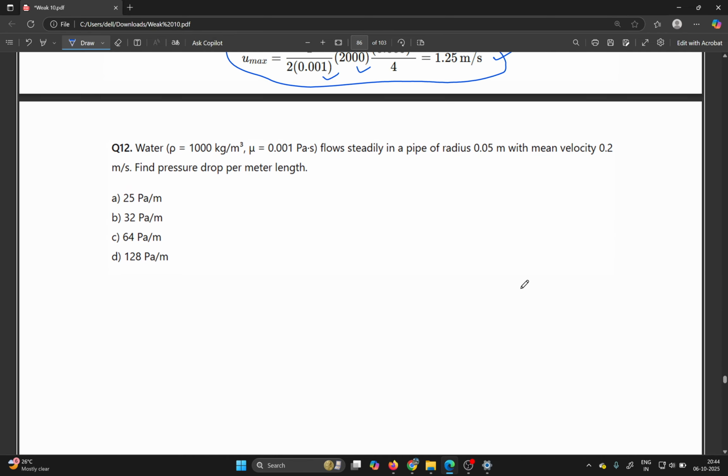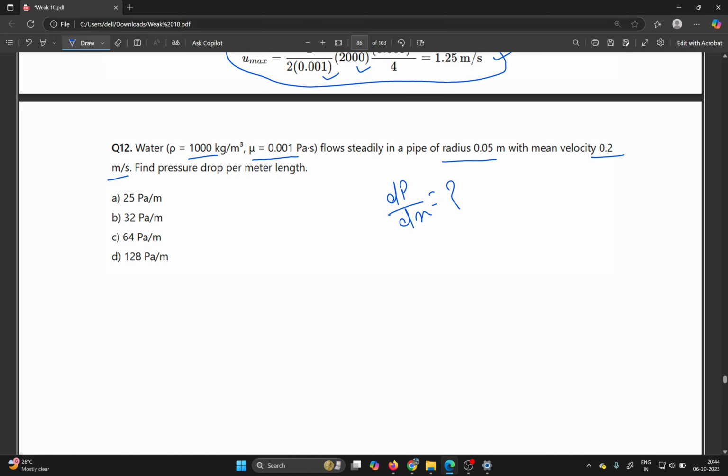Next question. Water with density 1000 kg per meter cube, dynamic viscosity 0.001 pascal second, flows steadily in a pipe of radius 0.05 meter with mean velocity 0.2 meter per second. Find the pressure drop per meter length. Here you need to calculate the pressure drop per meter length, means dP by dx.